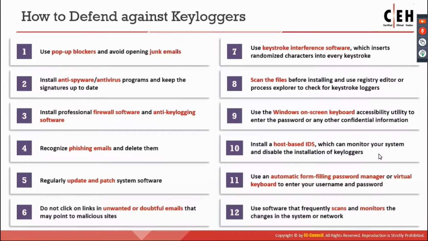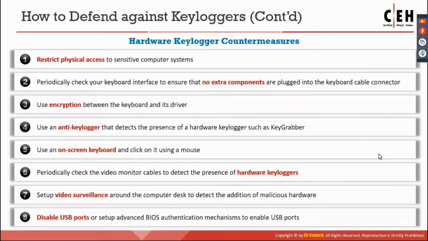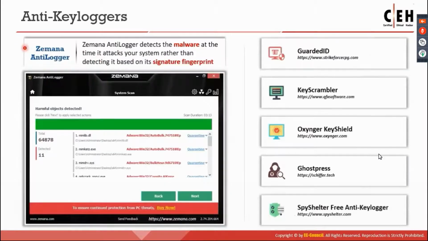There are a lot of things to do to defend against keyloggers. One of the main things I want you to look into is running your own detection. Check and see if you have a keylogger on your system. If you so desire, and you have access to it and it's not a problem for your computer, run over to Google or DuckDuckGo and type in Zemana Anti-Keylogger.